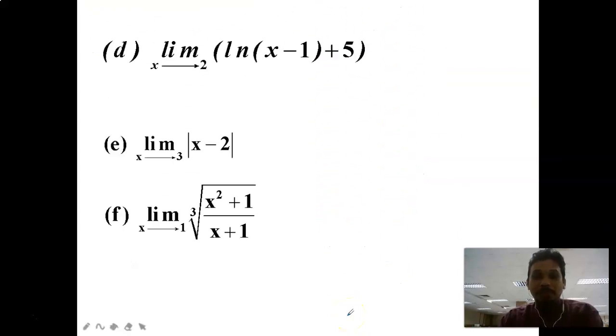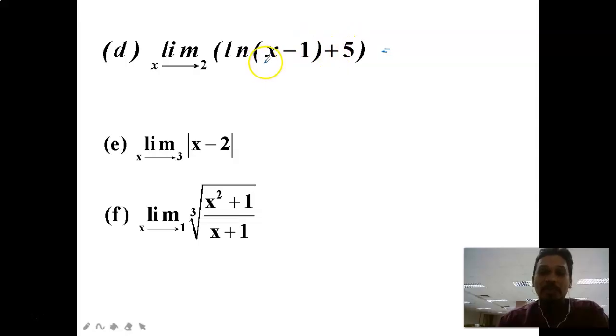Next one. What about this one now? We substitute x equal to 2 here. 2 minus 1 equals 1. So the natural log of 1 still gives us a value, where natural log of 1 equals 0, plus 5.